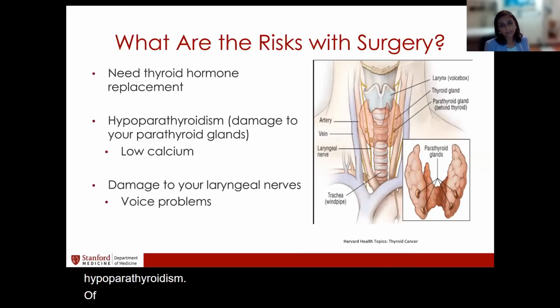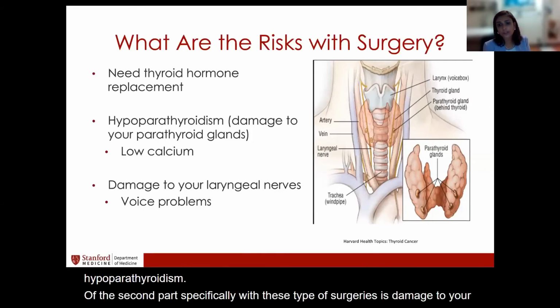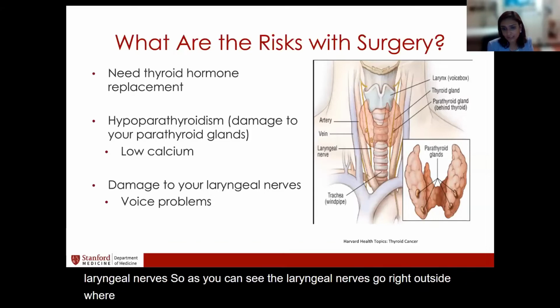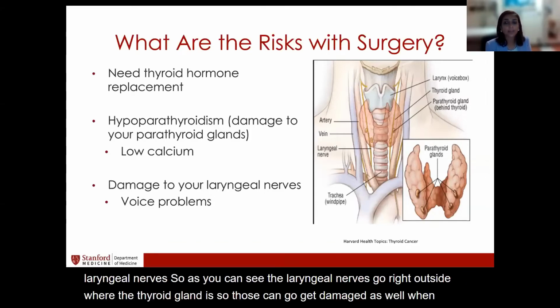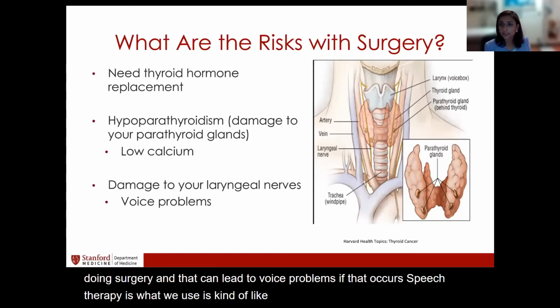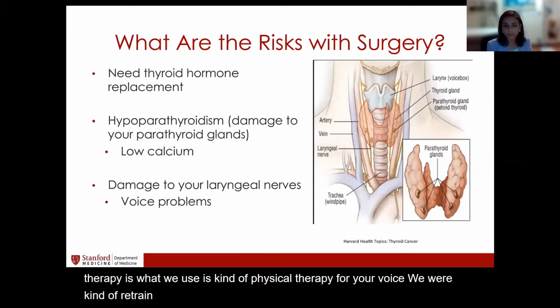The second part specifically with these types of surgeries is damage to your laryngeal nerves. As you can see, the laryngeal nerves go right outside where the thyroid gland is, so those can get damaged as well when we're doing surgery. That can lead to voice problems. If that occurs, speech therapy is what we use. It's kind of like physical therapy for your voice. We retrain your voice to help with those voice problems.